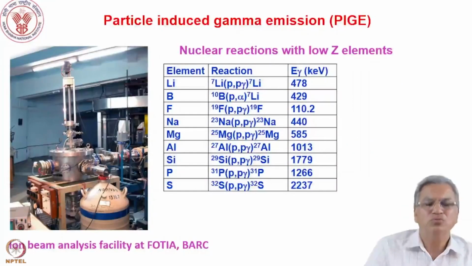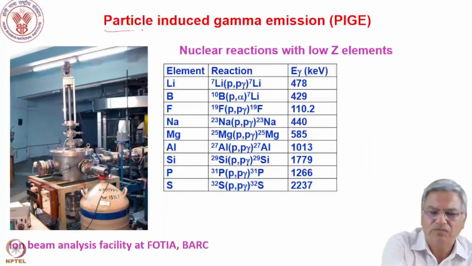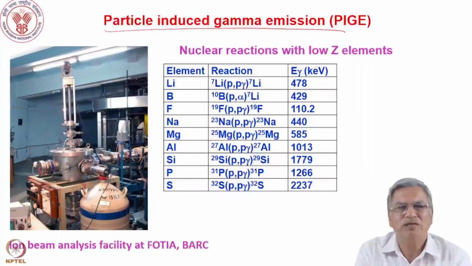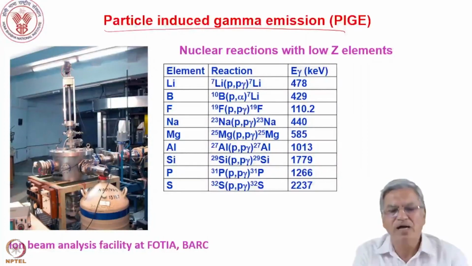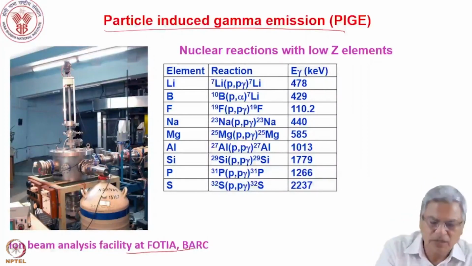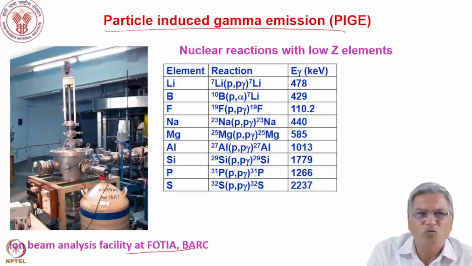Now I will come to another technique of nuclear reaction analysis called particle-induced gamma emission, where some of our colleagues have done a lot of work in this area. At Bhabha Atomic Research Centre, we have an accelerator called FOTIA, the Folded Tandem Ion Accelerator.